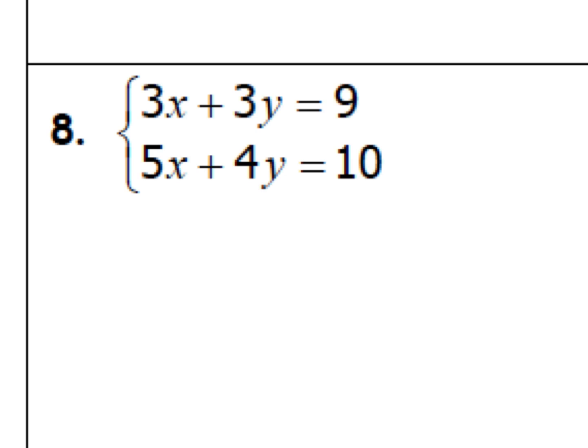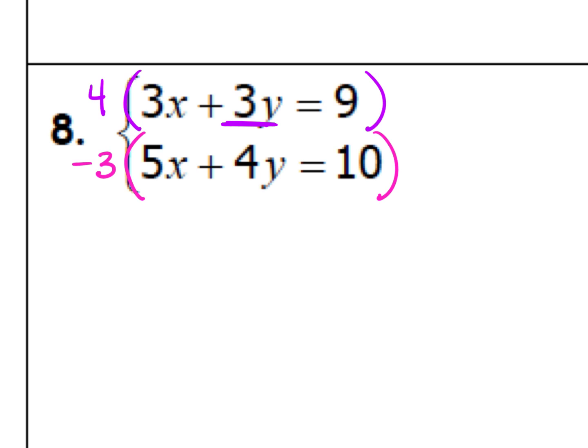What would I have to multiply the top equation by to make this 12y? 4. What would I have to multiply the bottom equation by to make it a negative 12y? Negative 3. Okay, so one's going to become negative, the other one's going to stay positive, but then when we do this, they'll both be opposites of each other.